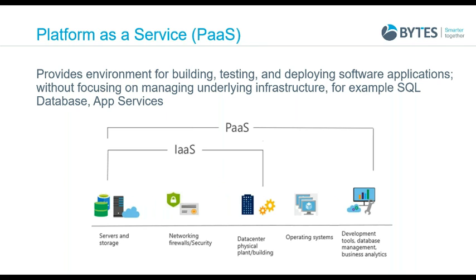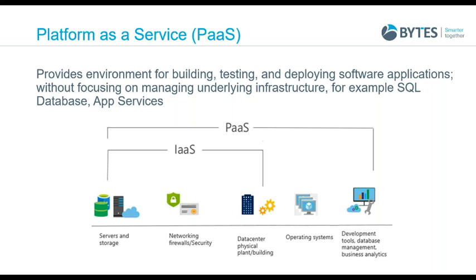In terms of PaaS, platform as a service, that is a step up from IaaS, where the underlying operating system and tools, the middleware, the runtime libraries, that is all provided as part of the PaaS service.